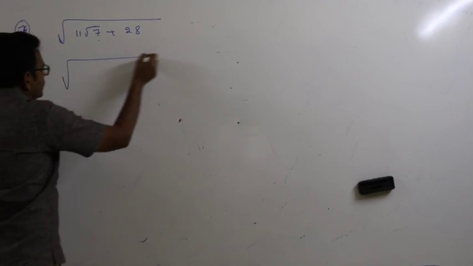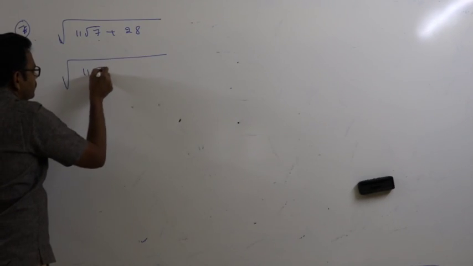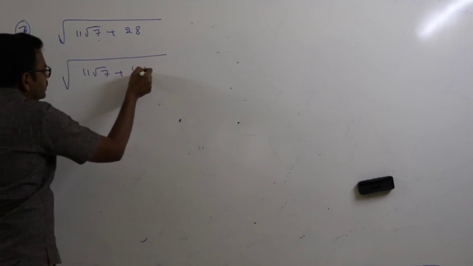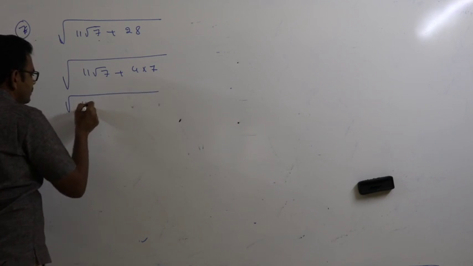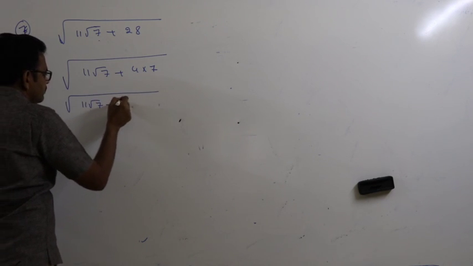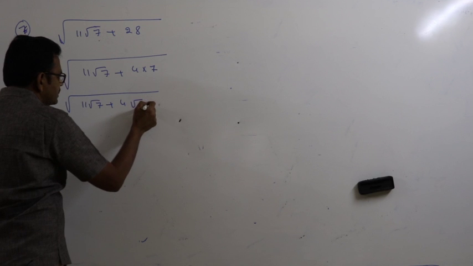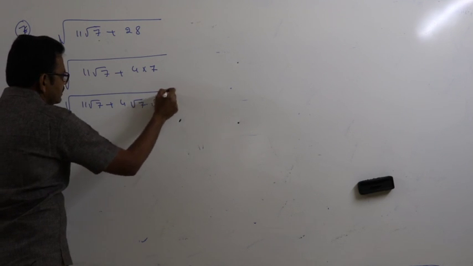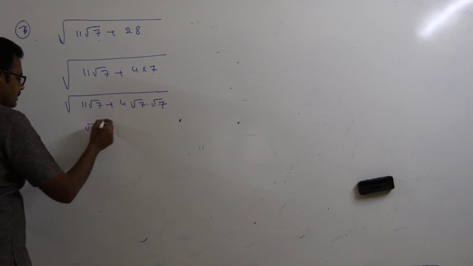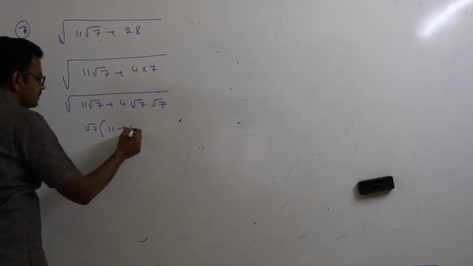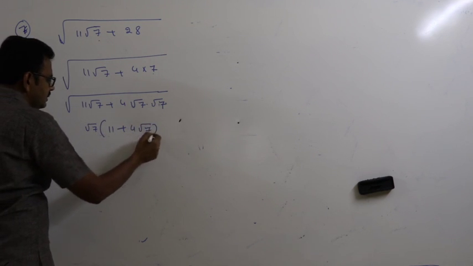See this, root of 11 root 7 plus 4 into 7, that is root of 11 root 7 plus 4 into root 7 into root 7. Root 7 is taken common: 11 plus 4 root 7 under square root.